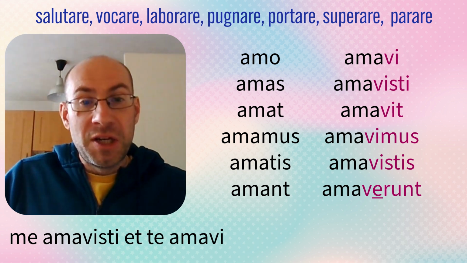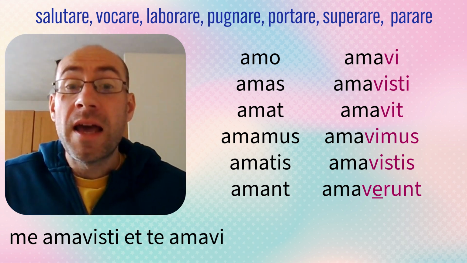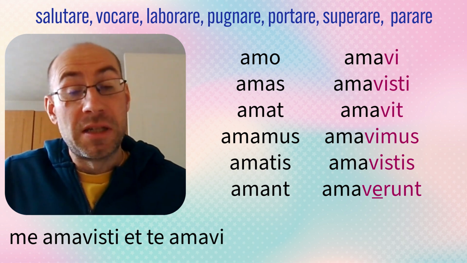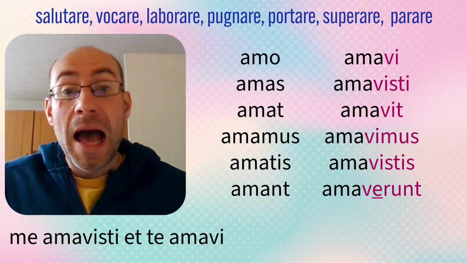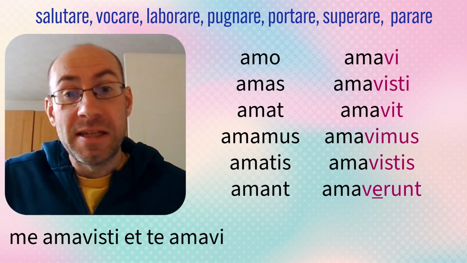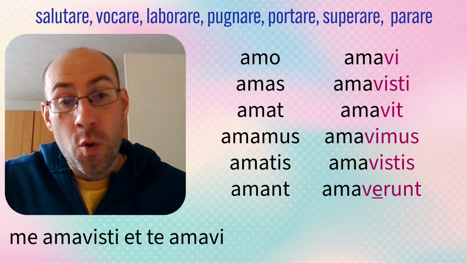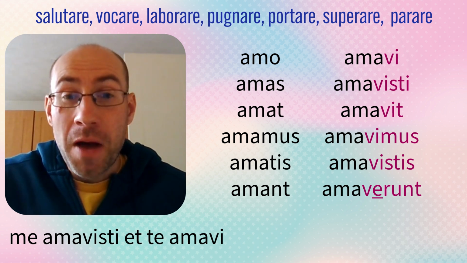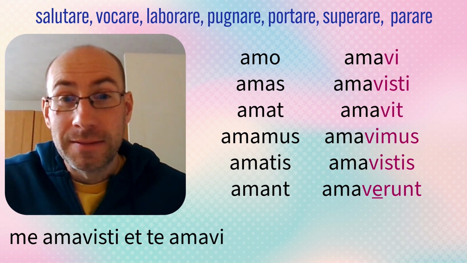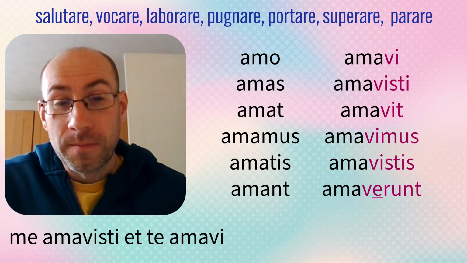Perfect means finished, completed in Latin. Either I loved her or I have loved, answering to the present perfect in what we have available in English. Amavi, amavisti, amavit, amavimus, amavistis, amaverunt. Again, please.